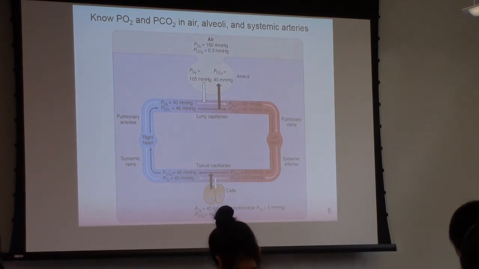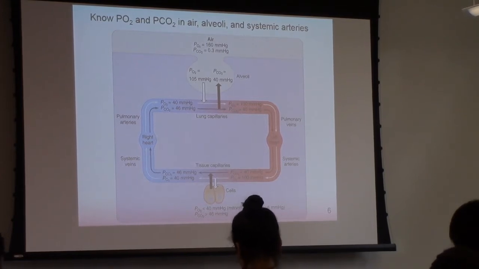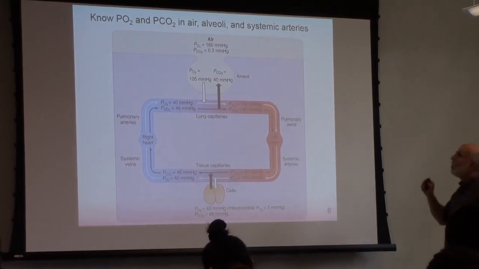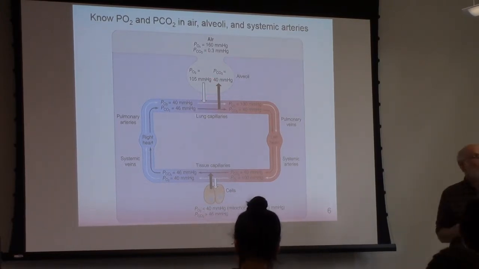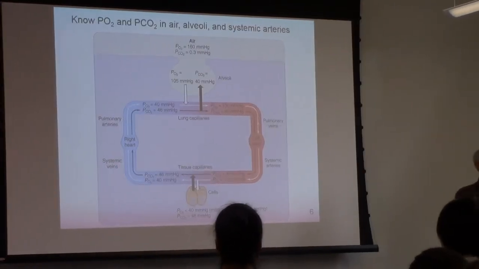If you say oxygen perfuses from the blood into the alveolar gas, which is really the opposite of what happens, and it's not perfusion, I would take off points for that. That's diffusion. Okay, so now, ventilation, so the air is being ventilated, and it is undergoing diffusion due to perfusion of the blood.